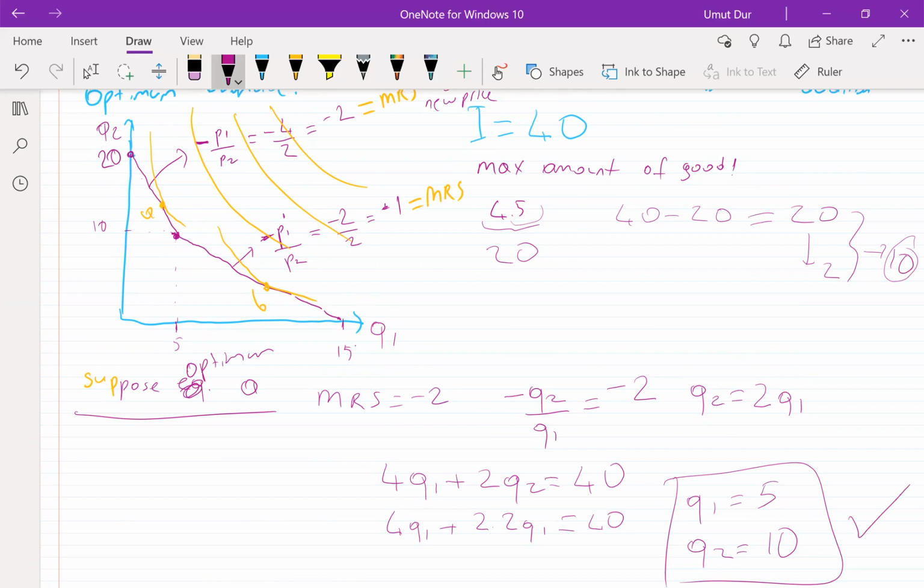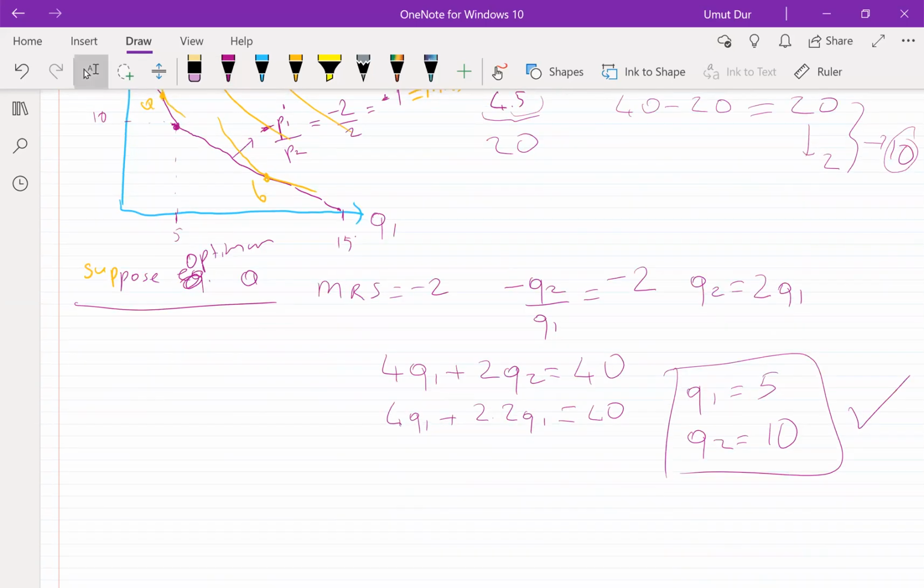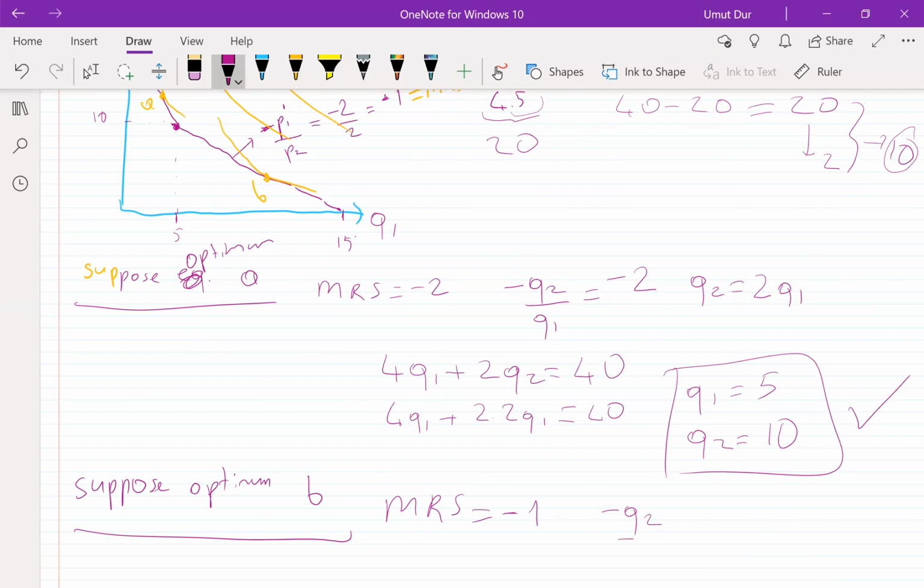Then let's suppose the optimum is point B. I will now have the marginal rate of substitution equal to minus 1. Minus Q2 over Q1 is equal to minus 1. Then Q2 is equal to Q1.